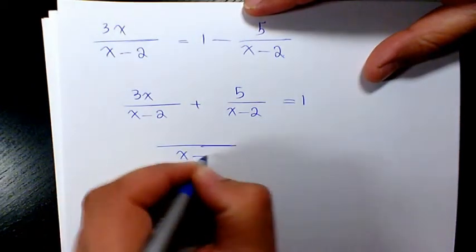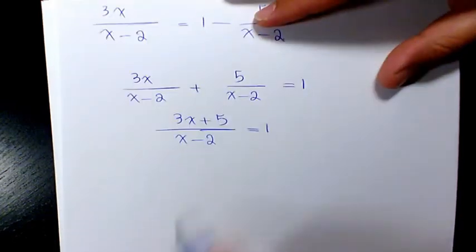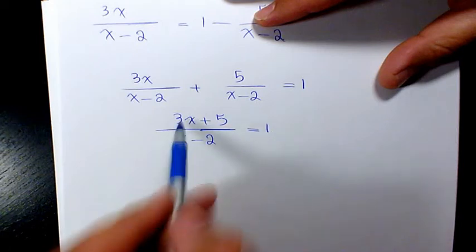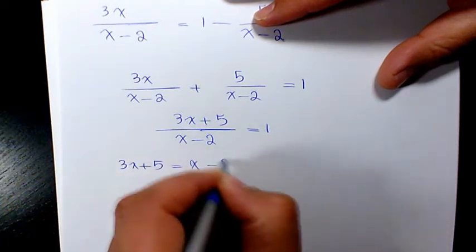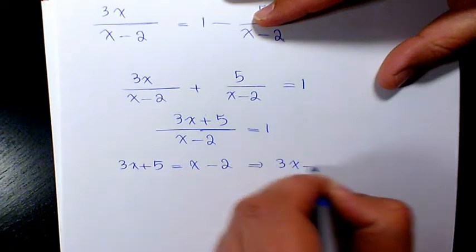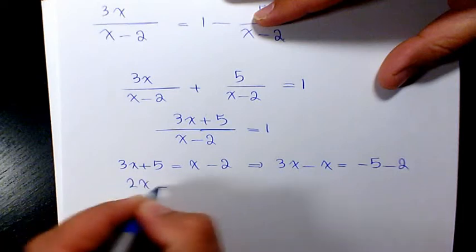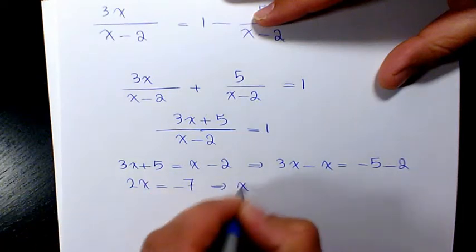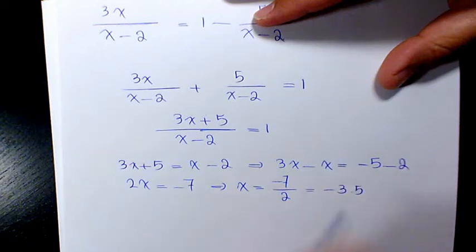So we have (3x plus 5) over (x minus 2) equals 1. Since the ratio equals 1, it means the numerator and denominator are equal. Therefore, 3x minus x equals negative 5 minus 2. So 2x equals negative 7. So x equals negative 7 over 2, or negative 3.5.